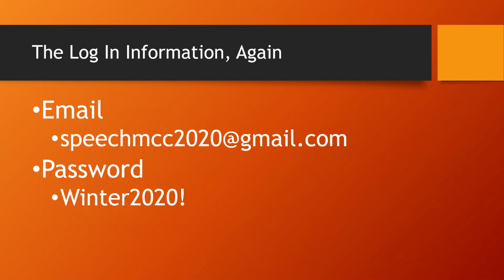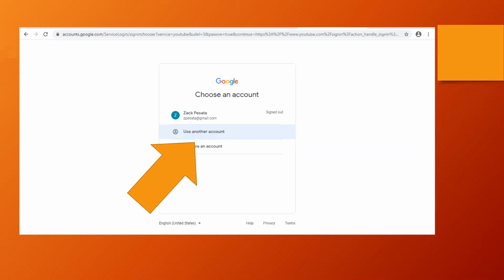And then your password is Winter2020! And just to be clear, Winter is case sensitive. So make sure you have an uppercase W and there's no space in between. So Winter, no space, 2020, exclamation point.